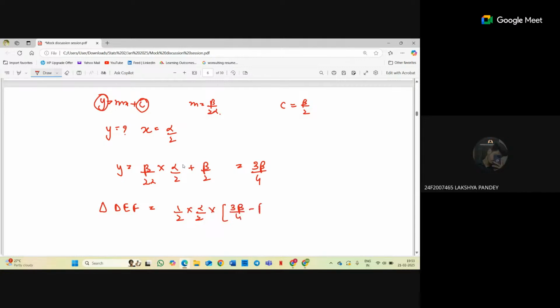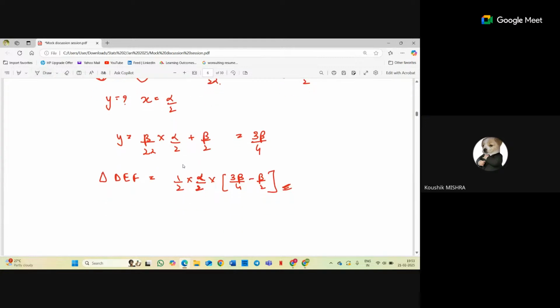Correct. Is this step clear? Ma'am, where did that alpha by 2 go? In y equals b. Okay, it's solved. Continue. Is this step clear to everyone? Can you explain once again that y part?